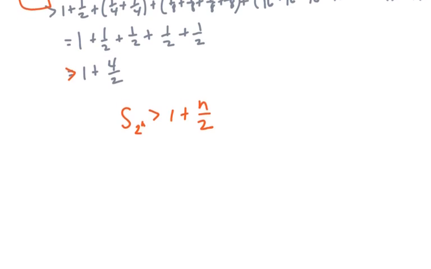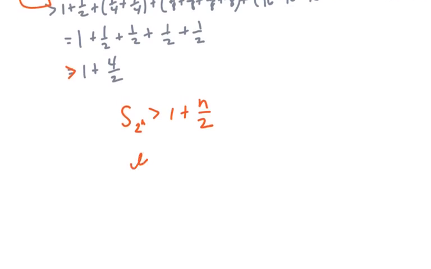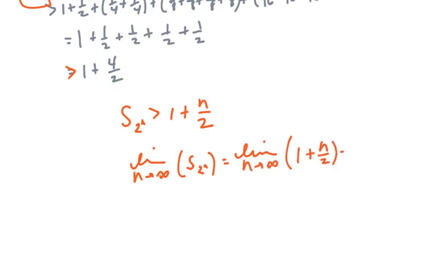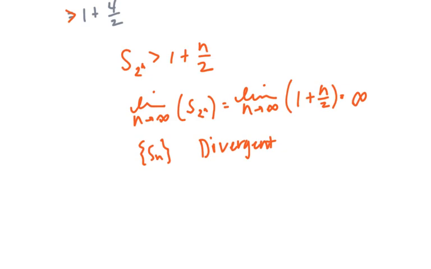This shows that as our sum gets bigger, the limit as n approaches infinity of S sub 2 to the n equals the limit as n approaches infinity of 1 plus n over 2, which is infinity. So the sequence S sub n is divergent. Therefore, the harmonic series is divergent.